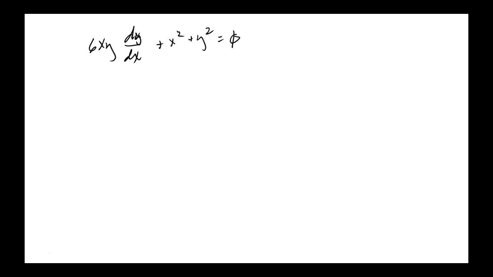What if we wanted to write this in differential form? What would you do with that? How would you do that? Yeah, okay. Most mathematicians cringe when you say that, but that's exactly right. 6xy dy plus (x squared plus y squared) dx is equal to 0.